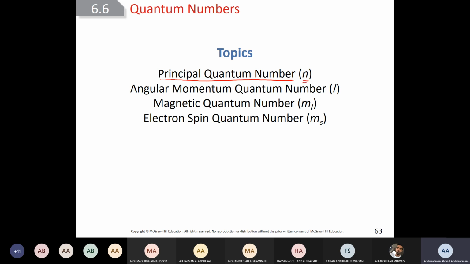We have another name for it. Energy level. Yes, it is also called the shell quantum number, and it represents the energy level.